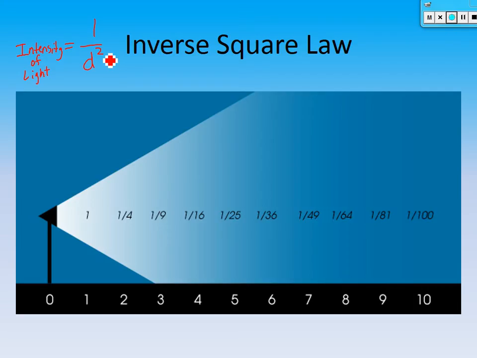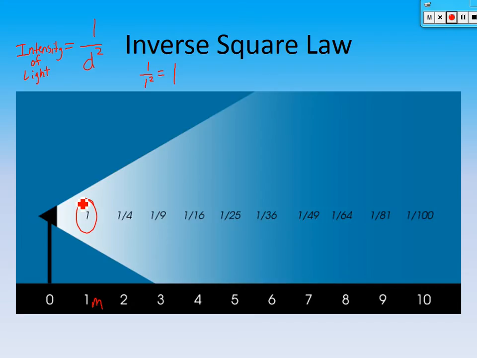If I asked you what the intensity of light is at 1 meter, it doesn't say here, but let's just say this is a meter. What would the intensity be? Well, if we're 1 meter away, let's put in 1 meter for the distance. So what's 1 over 1 squared? That's 1. So its intensity is 1 whatever they measure intensity in.